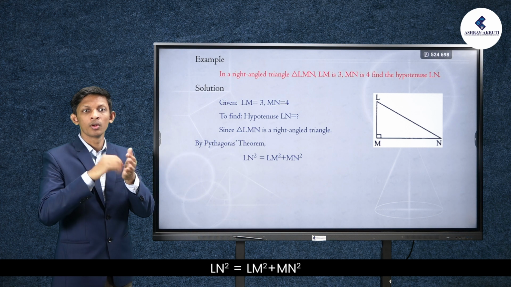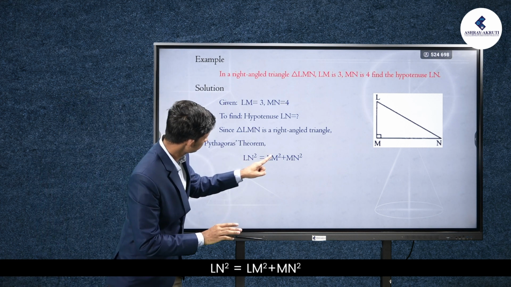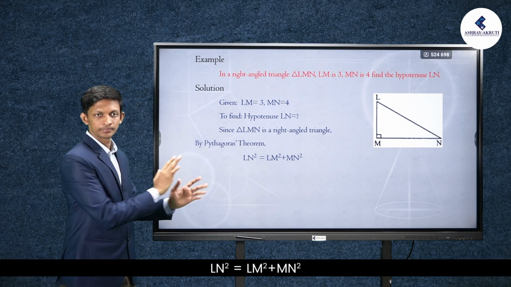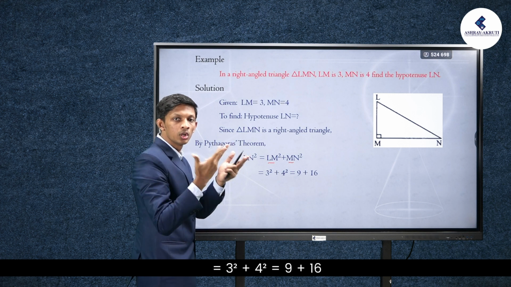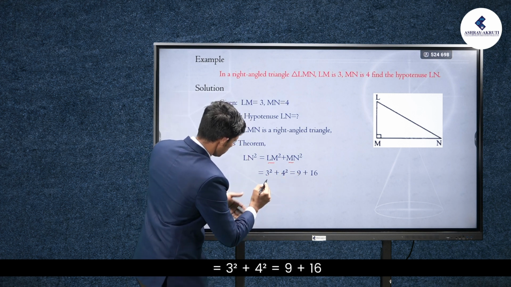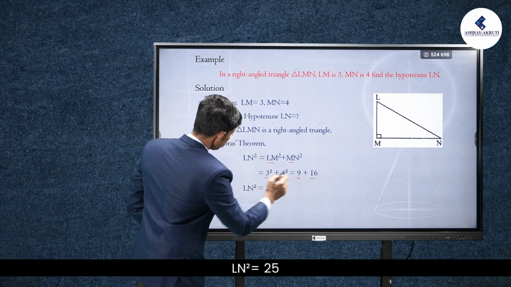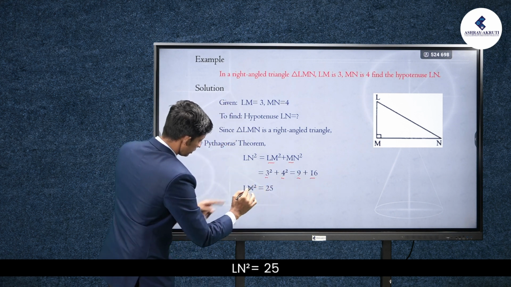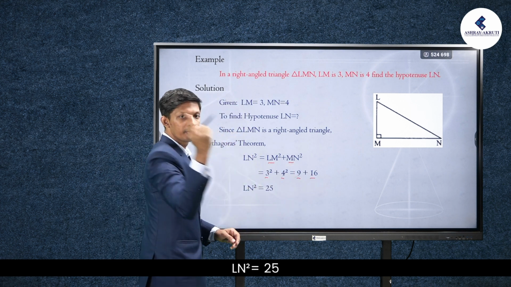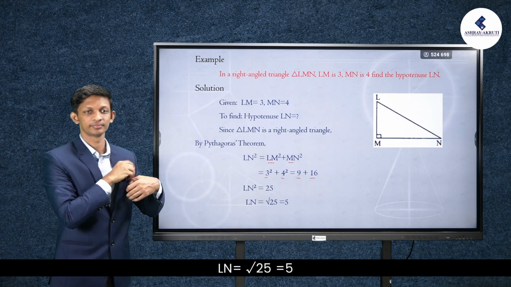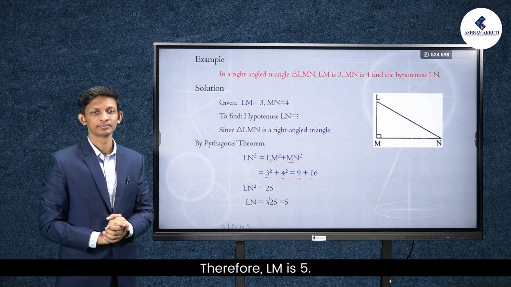By Pythagoras theorem, LN square is equal to LM square plus MN square. That is equal to 3 square plus 4 square, which is equal to 9 plus 16. So, LN square is equal to 25. LN is equal to root 25, which is equal to 5. Therefore, LN is 5.